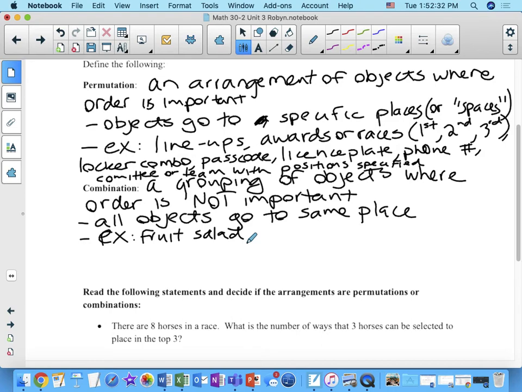Anyway, okay, guys, in all seriousness though, go on to the previous page, look at some examples of combinations.